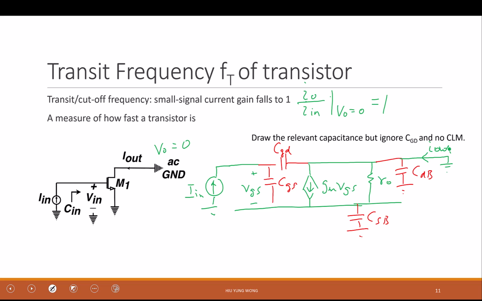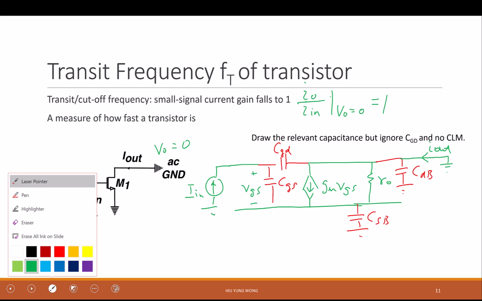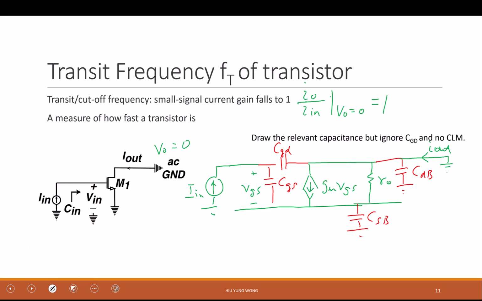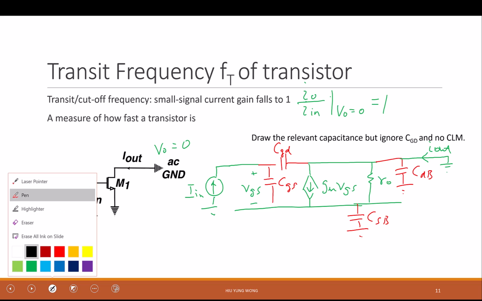So I want to find the relationship between I in and I out. If I draw this for you, you can solve it in EE122 already, just KCL, KVL, right? It's just that you might not know how to do it. Now, the first thing, we are going to simplify it quite a lot.